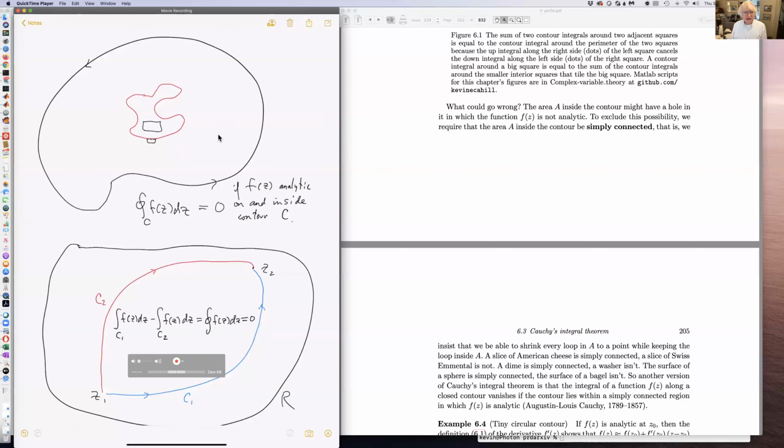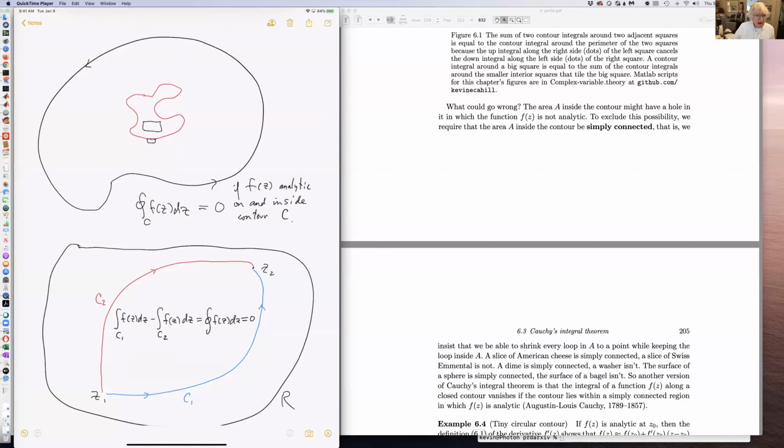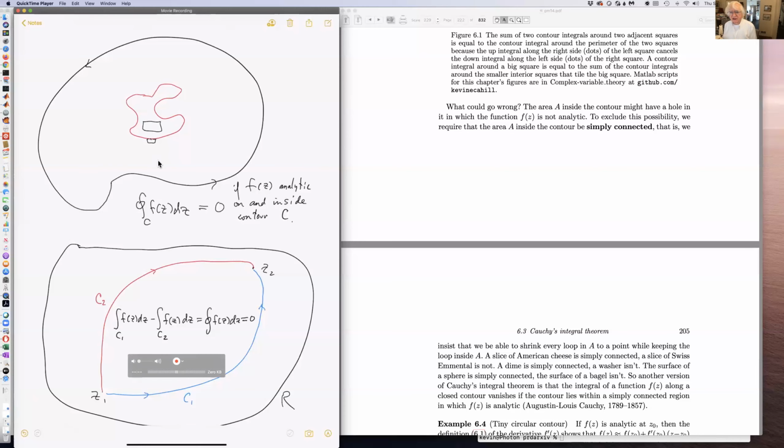If there's a hole inside the region, then the theorem doesn't work, because the interior edges of the rectangles that touch the border of the region of non-analyticity aren't being canceled by anything, or not appropriately canceled.